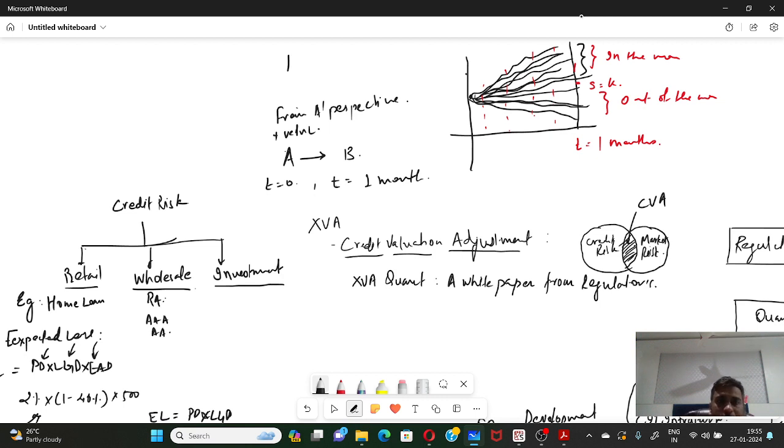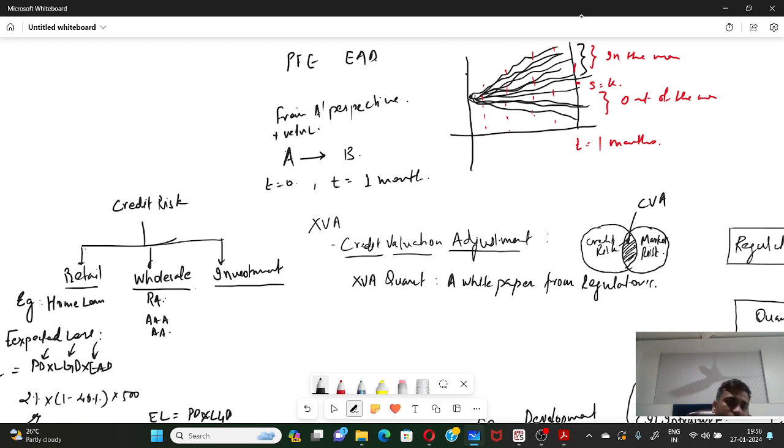So this is called potential future exposure, or the positive exposure which B has to A. So this is the money, and this is the exposure at default. Let us say at t equal to 1 month, B defaults towards A. So these are the instances, or these are the exposures, where there is a risk that A has won the bet but is not going to get paid.